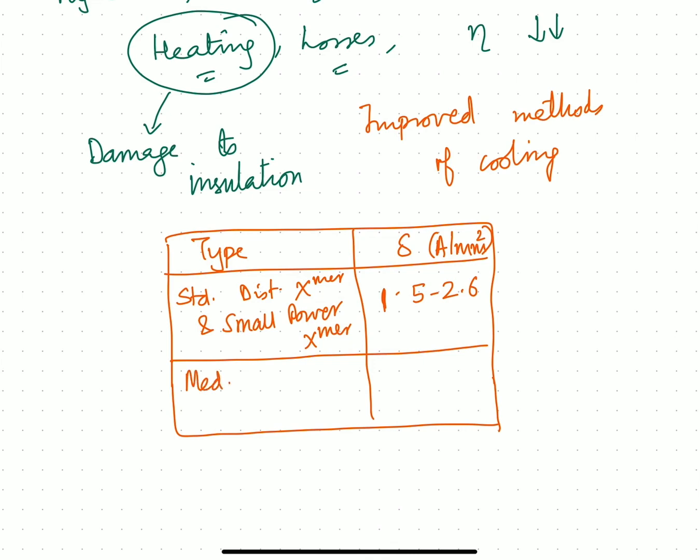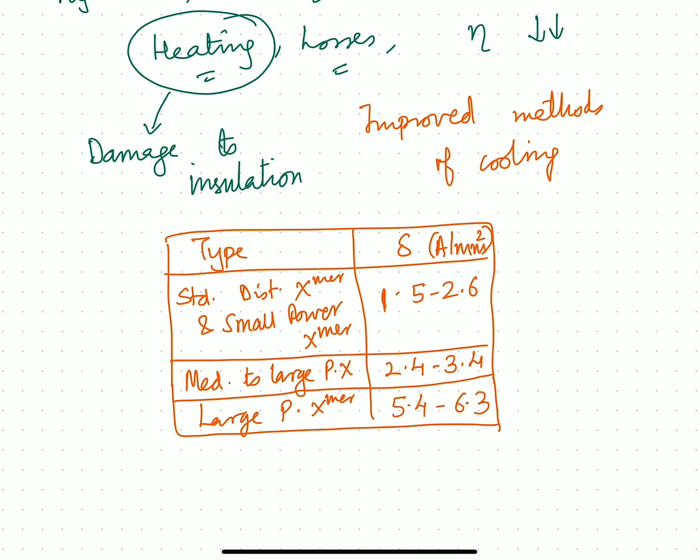Medium to large power transformers are around 2.4 to 3.4 ampere per mm square. And for large power transformers, it is about 5.4 to 6.3 ampere per mm square.